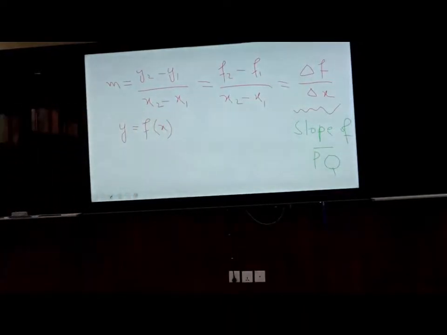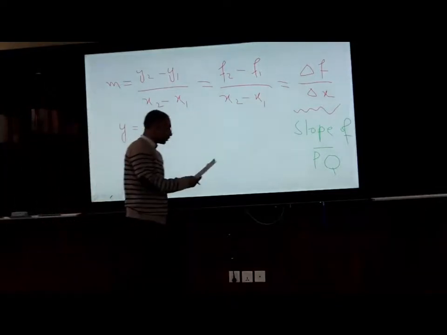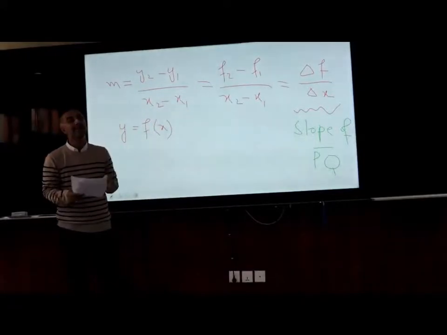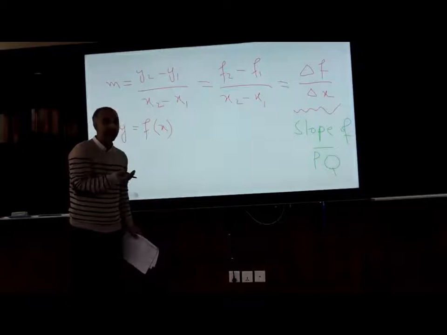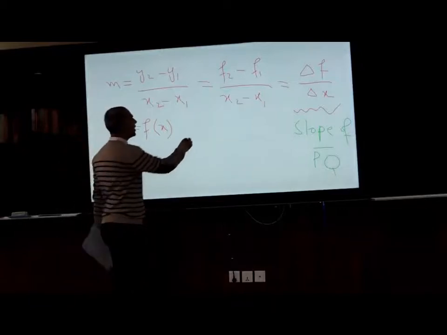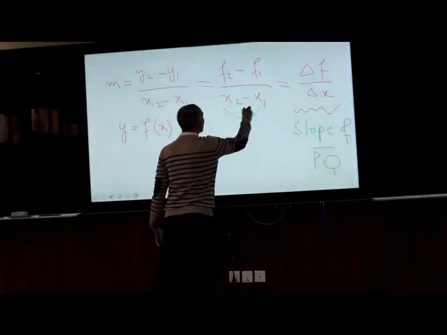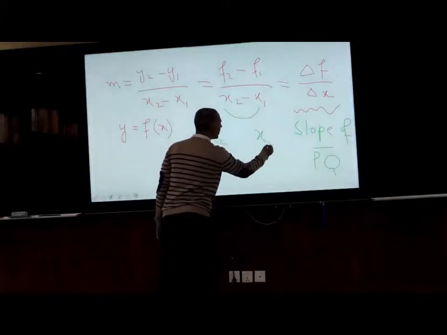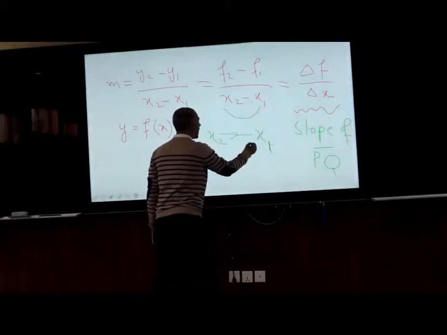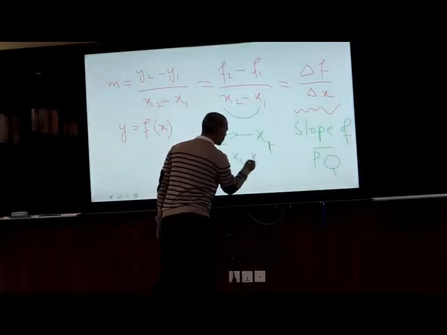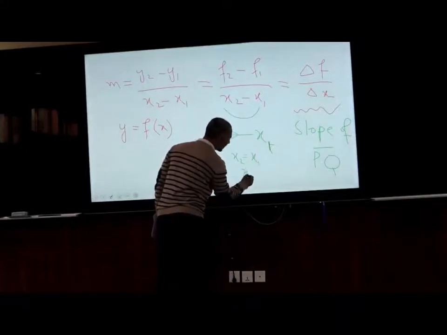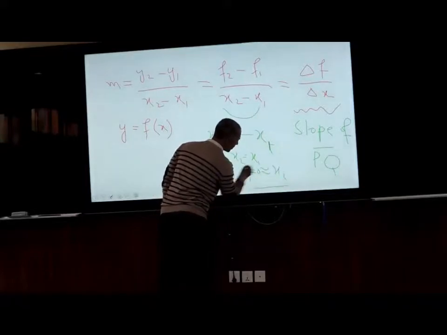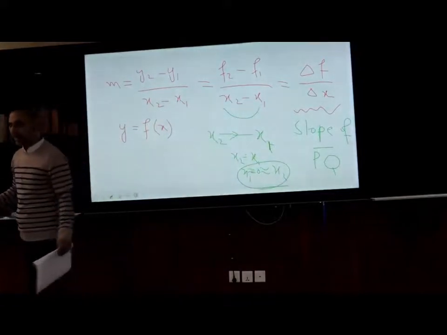We already studied this in our previous lectures. But the important thing happening here is that Q is approaching P. So the distance between x2 and x1, we are bringing both together, so it is almost negligible distance along the horizontal axis.